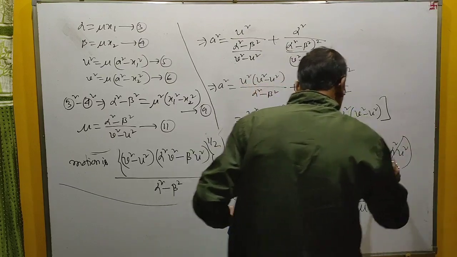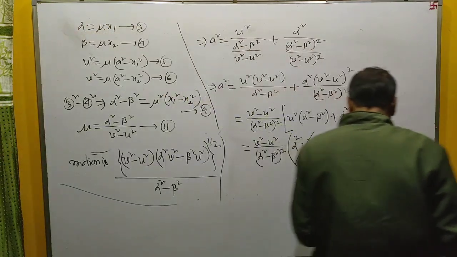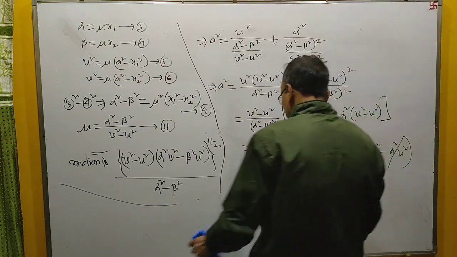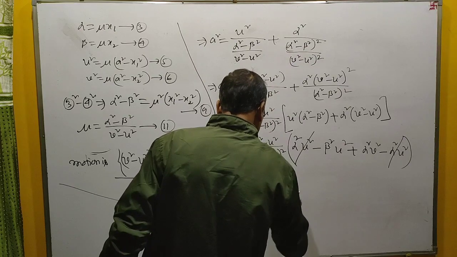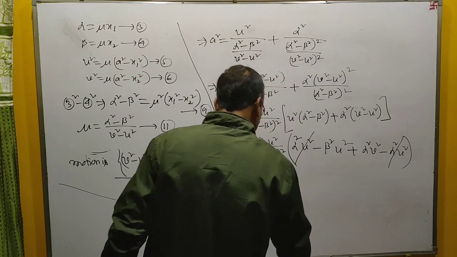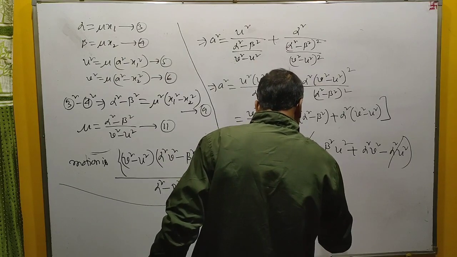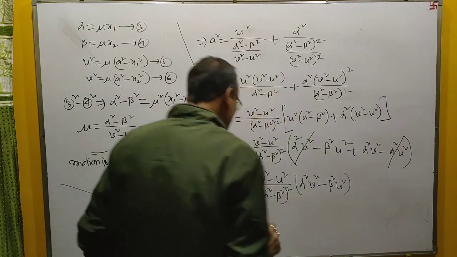These two terms will be cancelled. And you will get v square minus u square divided by alpha square minus beta square whole square, into alpha square v square minus beta square u square.